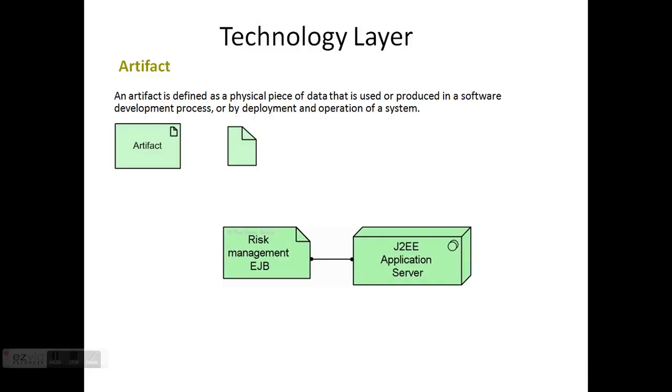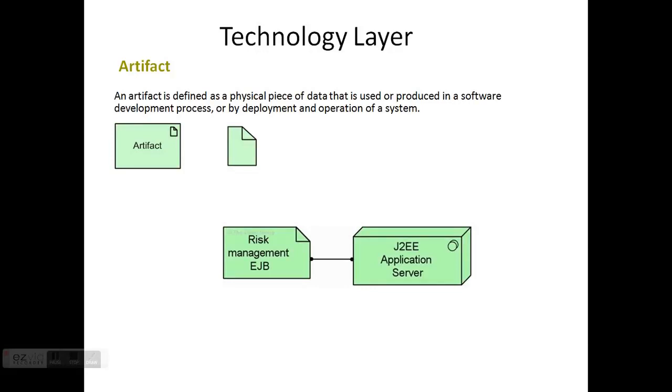An instance or a copy of an artifact can be deployed on a node. An artifact can be used to represent a physical data component that realizes a data object as well.